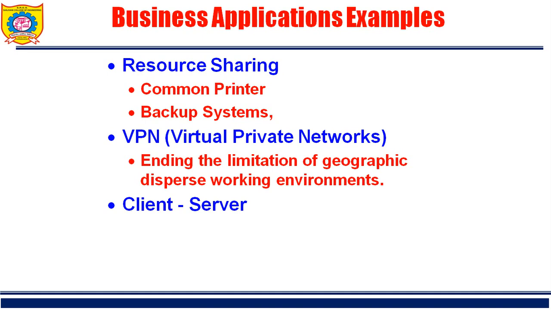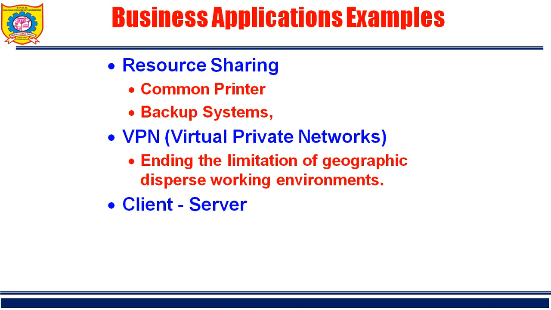The next thing is client and server. So there will be one machine which is providing the services, that we call a server, and there are a number of machines requesting the services and getting service from the server. So the requester is generally called a client, and the one providing a service is called a server. So that is what we call client-server.